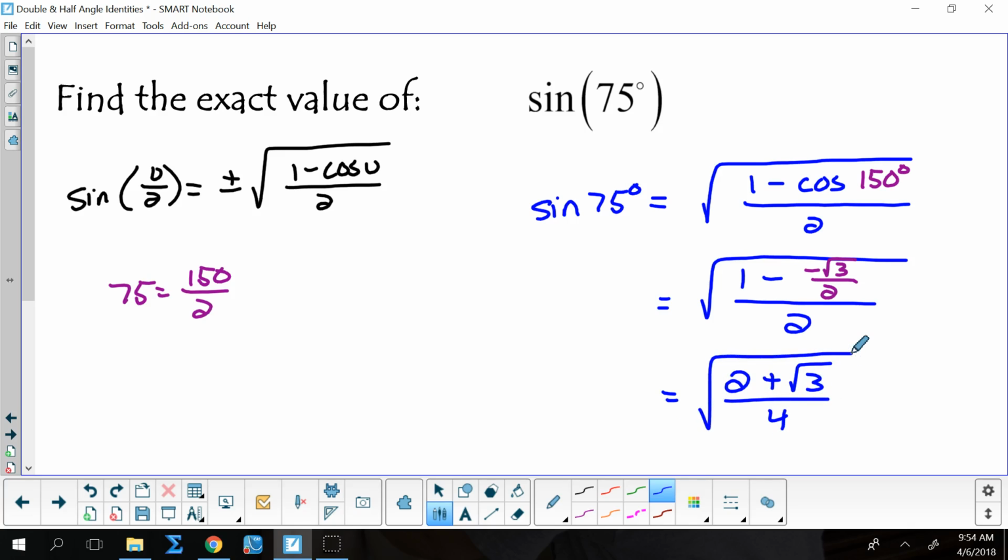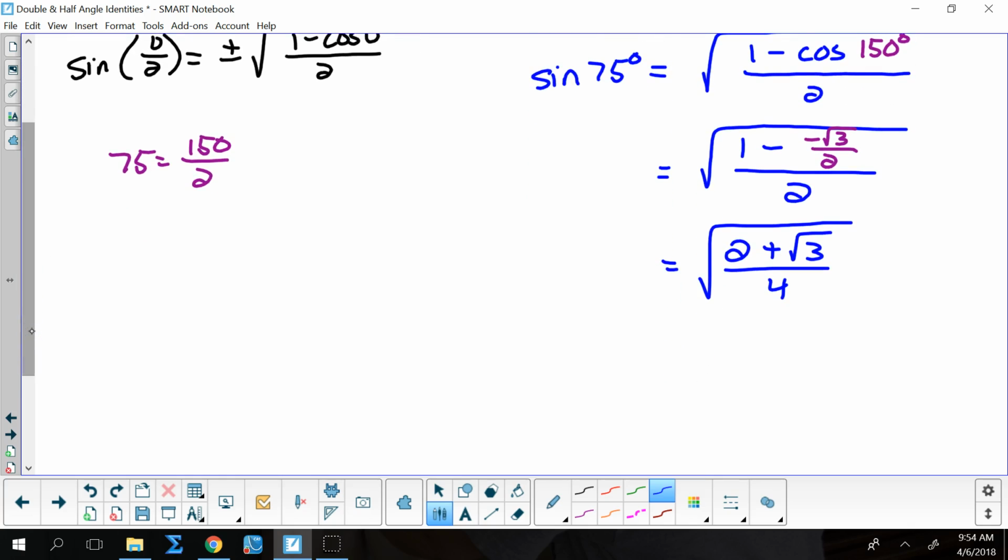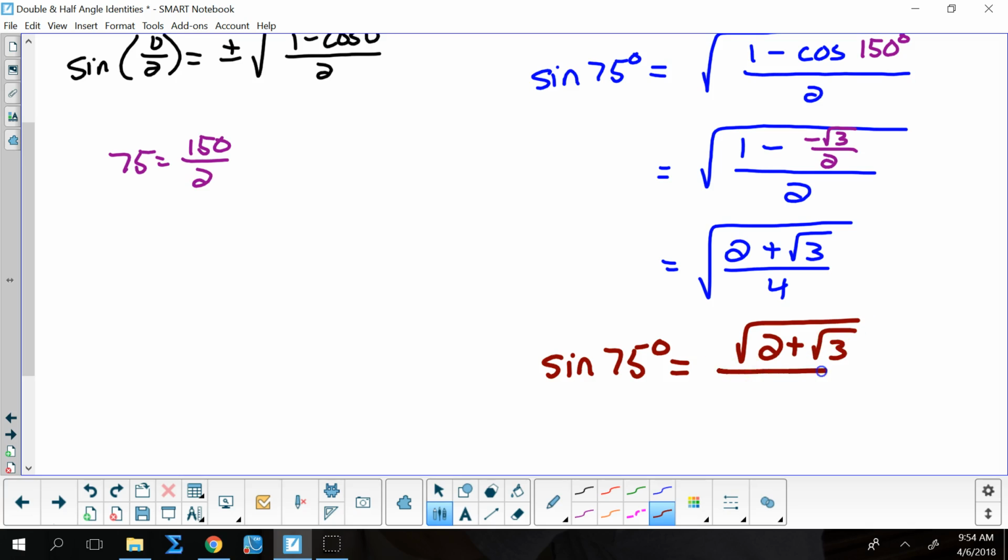Take the square root of the top and the square root of the bottom, and we get that the sine of 75 degrees is equal to the square root of 2 plus the square root of 3 all over 2.